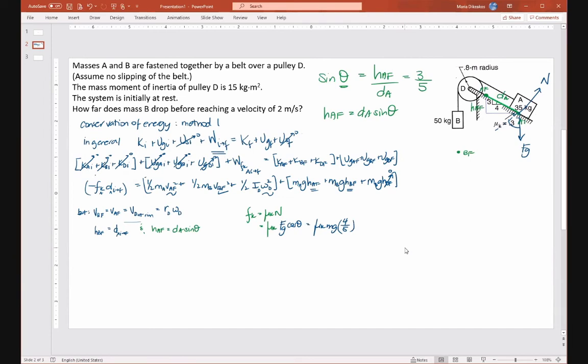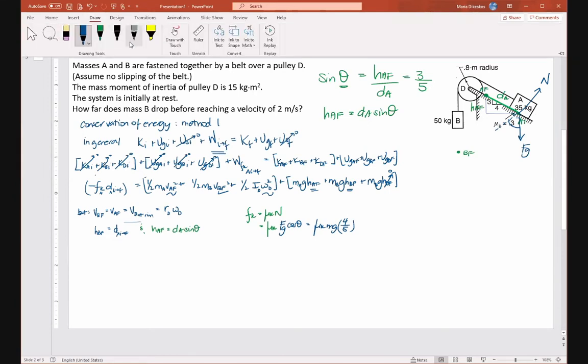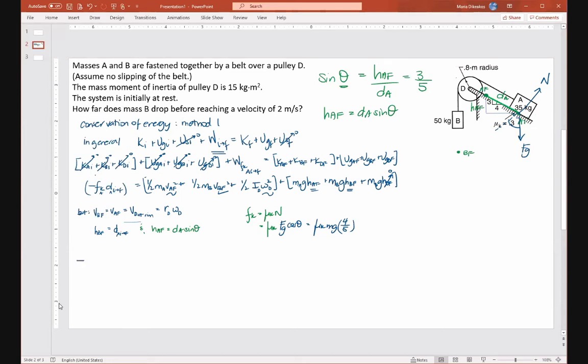Okay, so now let me see what other color we can use. So making our substitutions for our FK, mu K N, so mu K mg 4/5 is equal to this side here, 1/2 mass of A. VA is like VB, so we're going to write it in terms of VB because we're looking for VB.